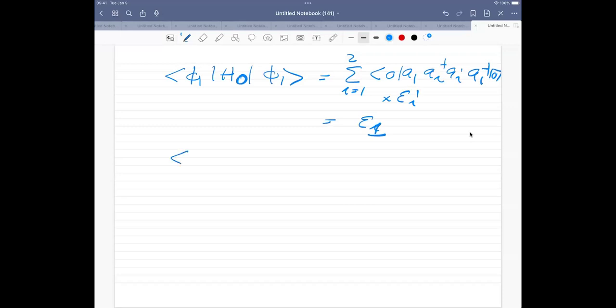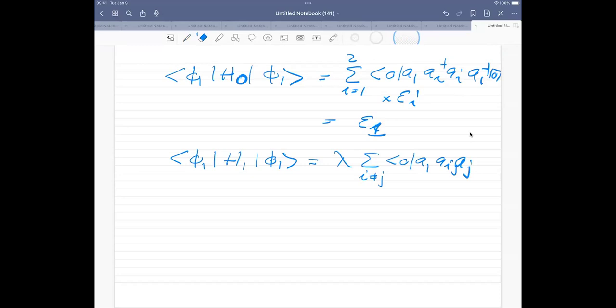What we also see, if I take phi1 with the interaction piece and phi1, is that this is given by lambda, and I have a sum over i different from j, and then I have my 0, then a1, and then I have a_i dagger a_j, multiplied with a vacuum state.